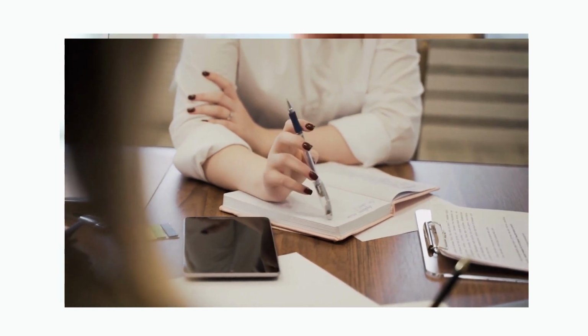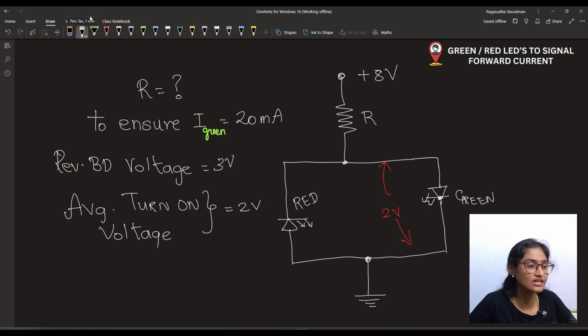Okay. What is the value of R to ensure the current through the green diode to be 20 milliampere? The reverse breakdown voltage is given as 3 volt and the average turn-on voltage of the diodes is 2 volt. We have two diodes in parallel. One is the green LED, next is the red LED.